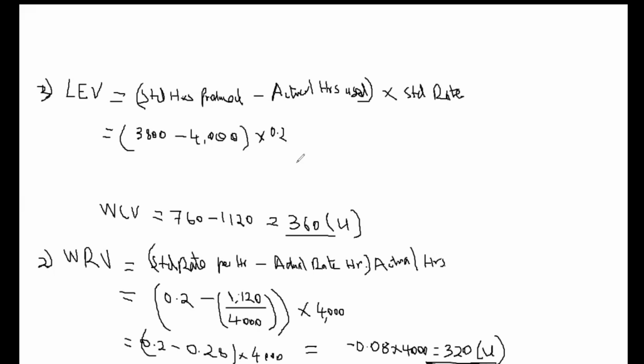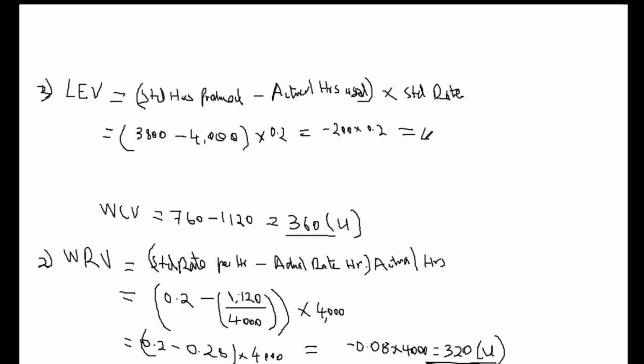It is 3,800 minus 4,000. You will get your negative 200. So this will give us negative 200 times 0.2. And this will give us what? 0.2 times 200 is 40, so negative 40.